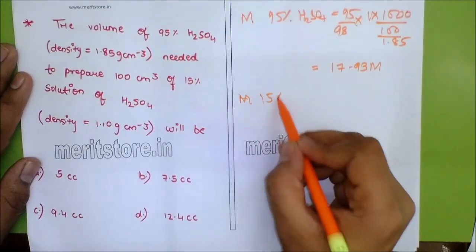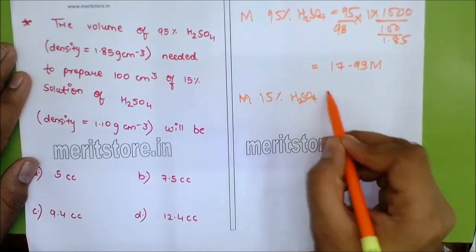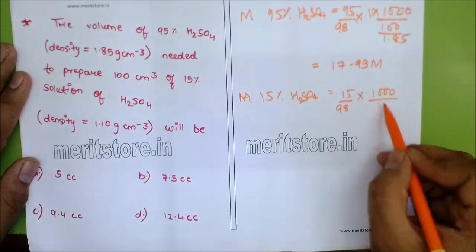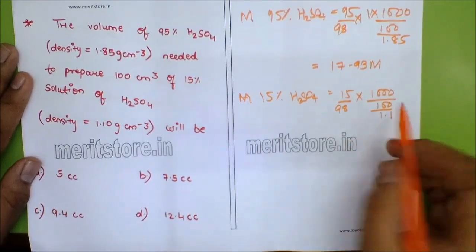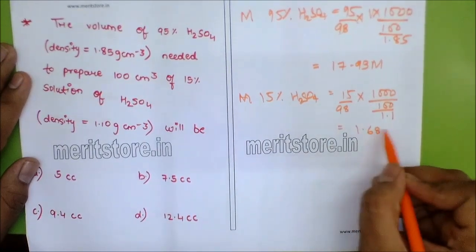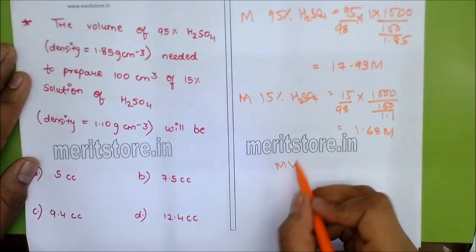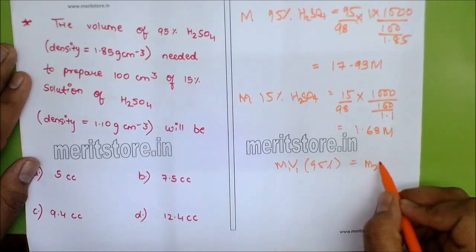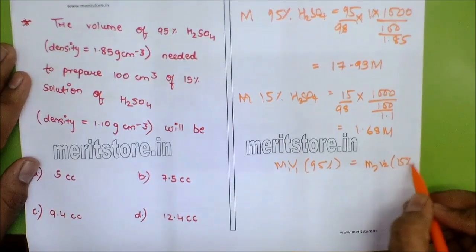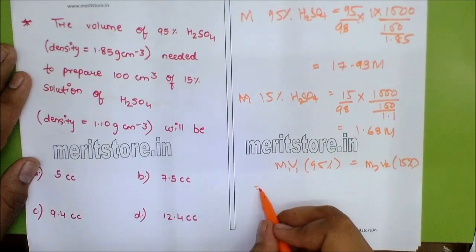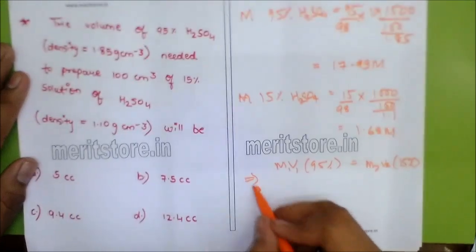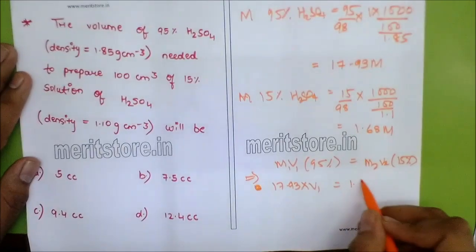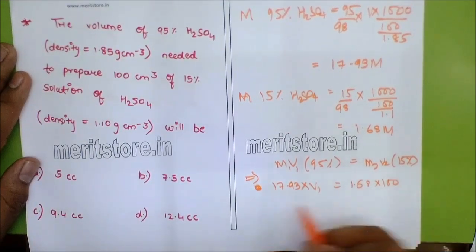Molarity of 15% H2SO4 is 15 upon 98 into 1000 upon 100 on 1.1, which gives us 1.68 molar. So now M1V1, that is for 95%, is equal to M2V2, that is for 15%. 17.93 into V1 is equal to 1.68 into 100.